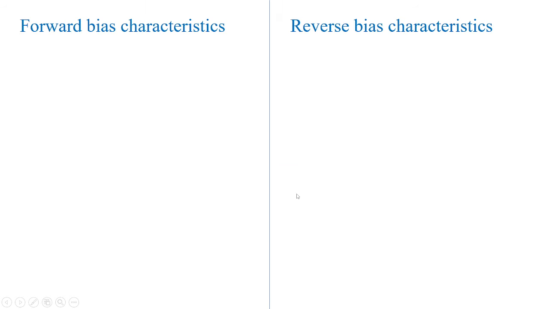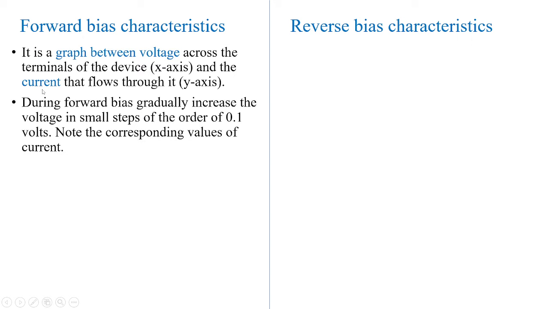So when you look into the characteristics under forward bias and reverse bias, what we need to know is that during forward bias, you gradually increase the voltage in small steps of the order of 0.1 volt, which means step by step you increase the value of voltage and correspondingly you observe the value of current.